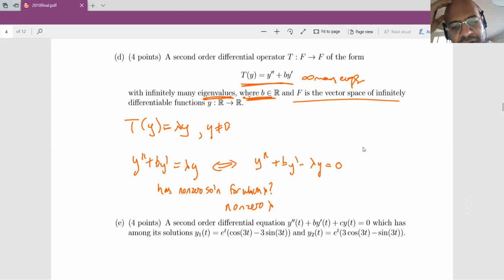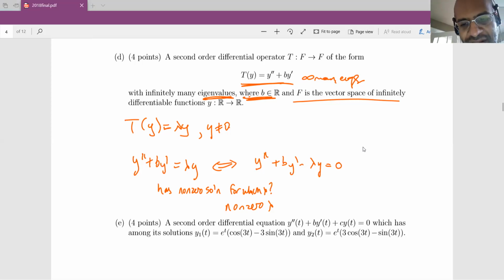And what about b? Do you need some special value of b? Could that just be anything too? That can also be anything, right?